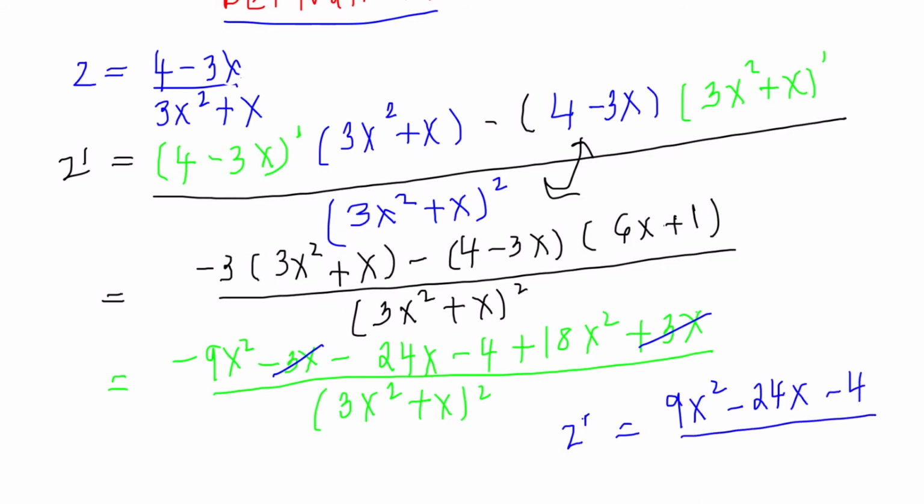All of this is divided by the denominator squared, which is 3x squared plus x, and then square everything. That is how we found the derivative of this rational function. It is easy as long as you know and remember how to use the rule. You can just directly use it to find the derivative.